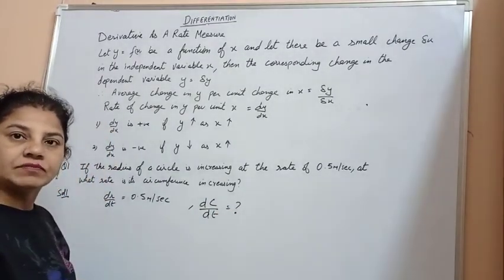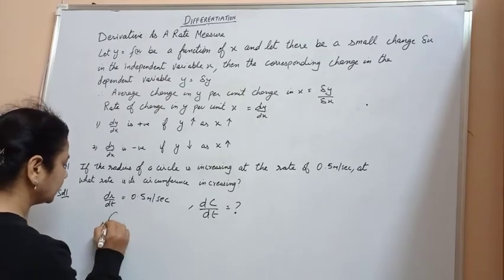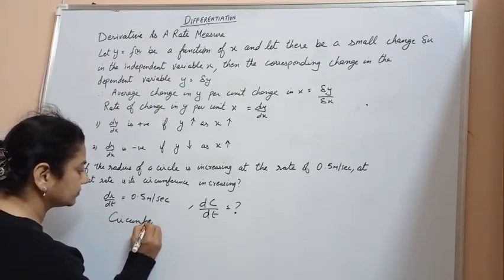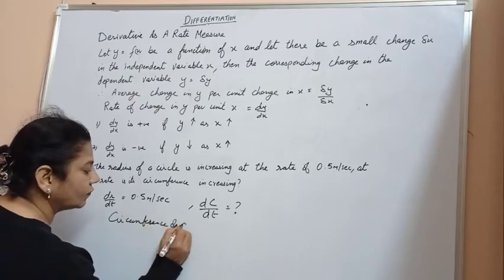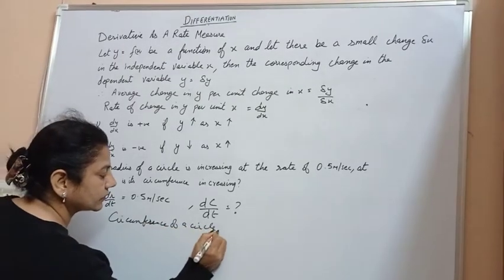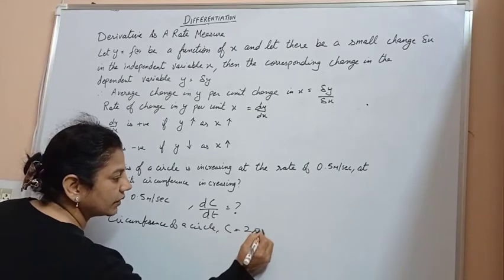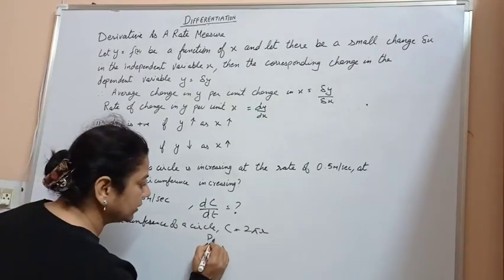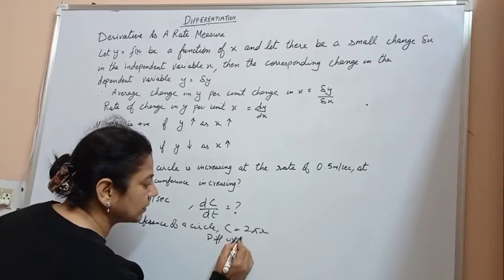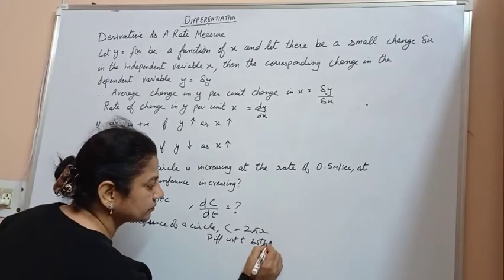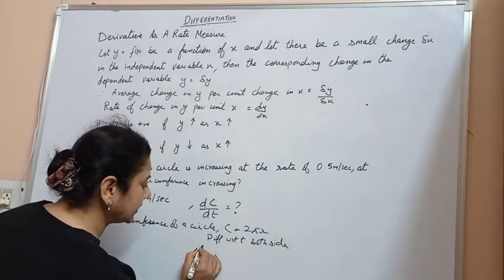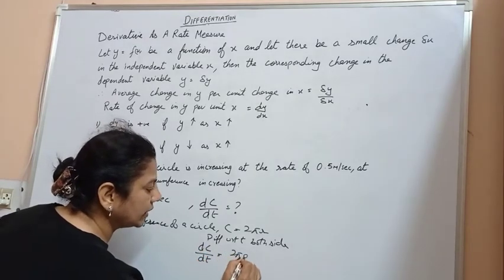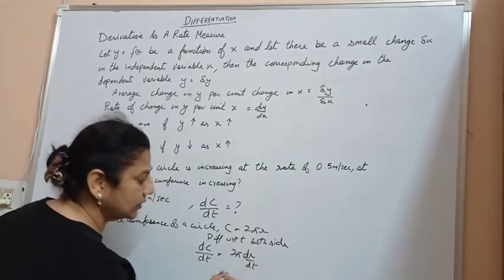And the circumference of a circle c is 2 pi r. Differentiate with respect to t, both sides. What should I get? dc by dt is equal to 2 pi dr by dt.